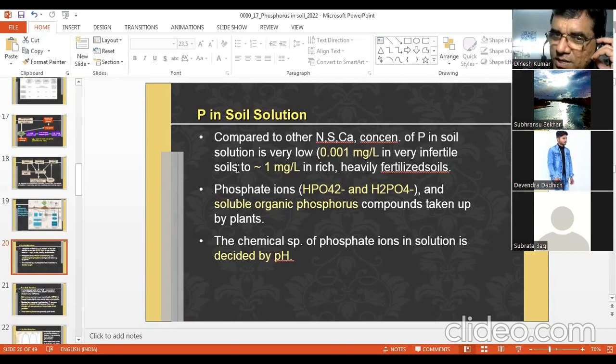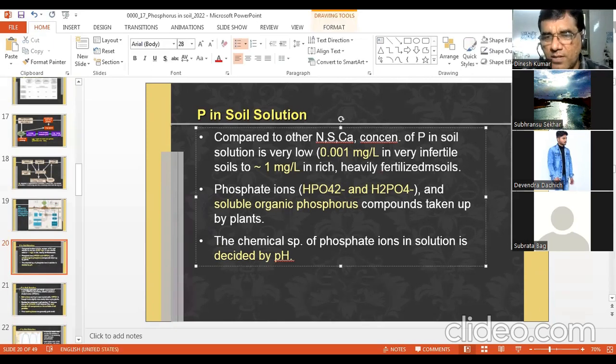In low fertility soils that is the range, and in heavily fertilized soils or soils which are rich in fertility, they can have about 1 ppm of available phosphorus, or 1 milligram per liter. Phosphate ions are HPO4 2-, where 2- is the valency.